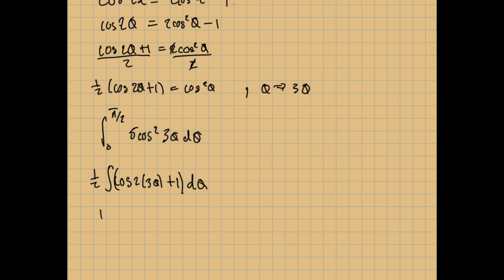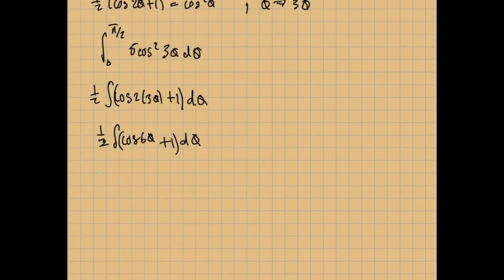And that will be half multiplying the integral of cos 6 theta plus 1 all with respect to theta, right? If you want to split it, you can still do that. It's now half multiplying the integral of cos 6 theta d theta plus the integral of 1 d theta, or we can say the integral of d theta only, 1 with respect to theta, right?